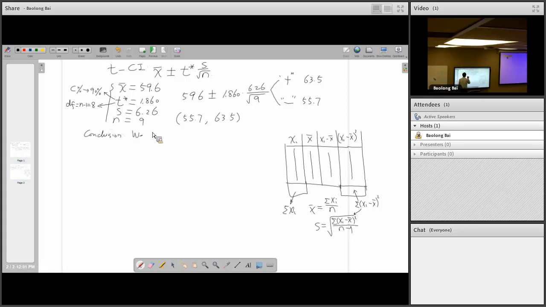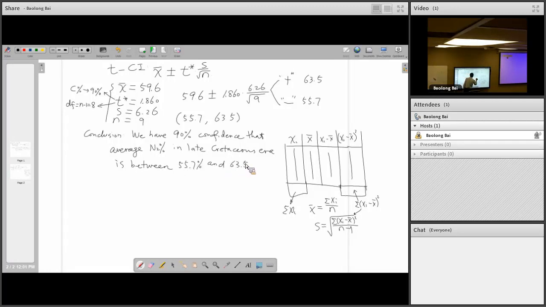So we're going to say we have 90% confidence that the average nitrogen percentage in late Cretaceous era is between 55.7% and 63.5%.